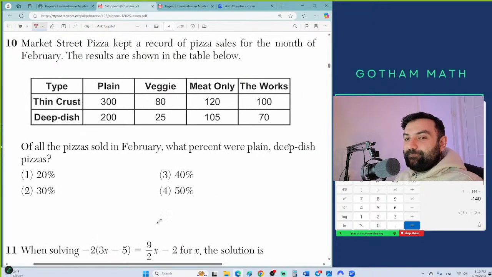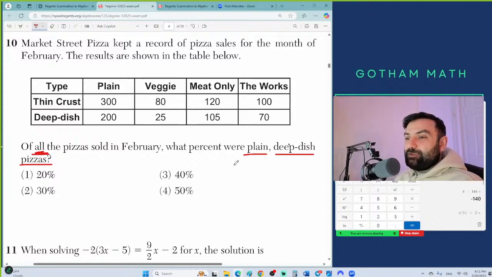Okay, let's see. Market Street Pizza kept a record of pizza sales in the month of February. The results are shown in the table below. Now we have to find the probability. Of the pizzas sold in February, so that's all of them, what percent were plain deep dish pizzas?